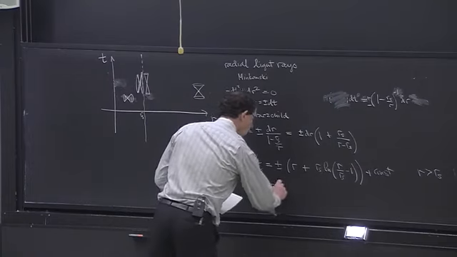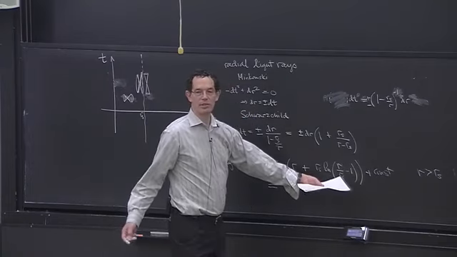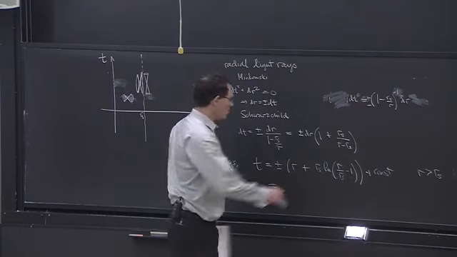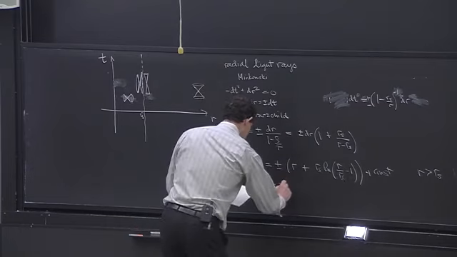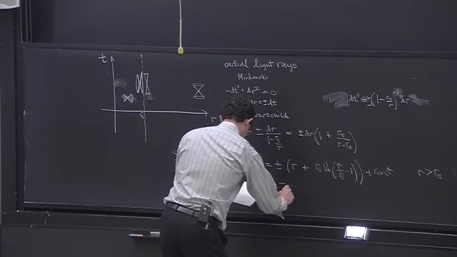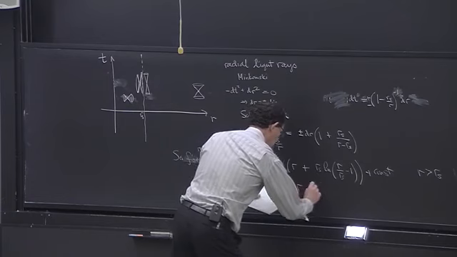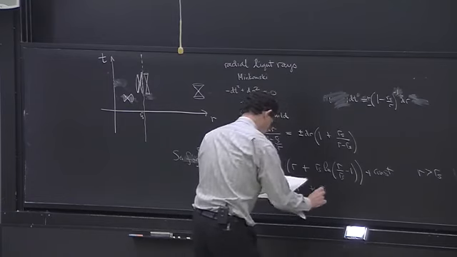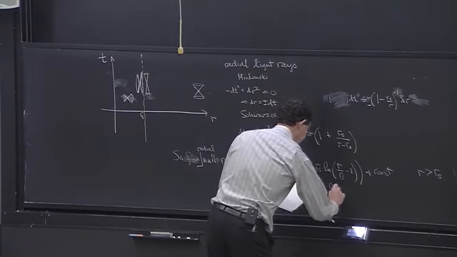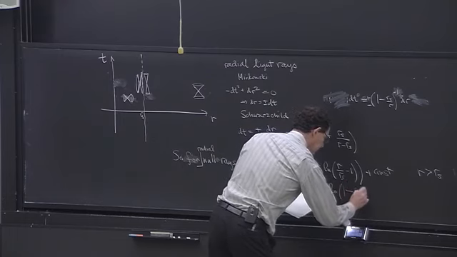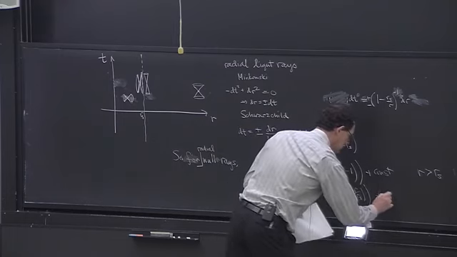But for r less than rs, I certainly can't use this expression because the log would have an imaginary part. So I have to choose the other branch of the log. So I will choose r plus rs log (1 minus r over rs) plus constant.